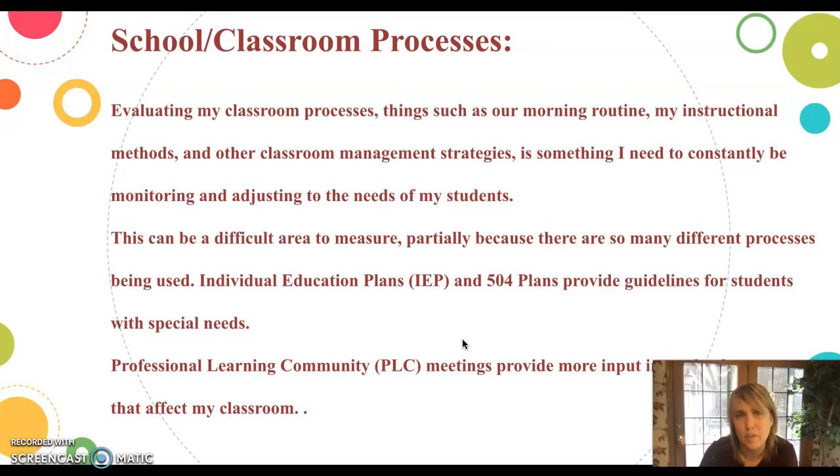When I think about data from my school classroom processes, it's really important that I evaluate my processes. And this is something I'm learning as a student teacher. And I am so lucky to have a cooperating teacher who is just really super organized and has her routines all just fine-tuned. So things like our classroom routines, my instructional methods, my classroom management strategies, those are all things that I need to constantly be monitoring and adjusting to the needs of my students.